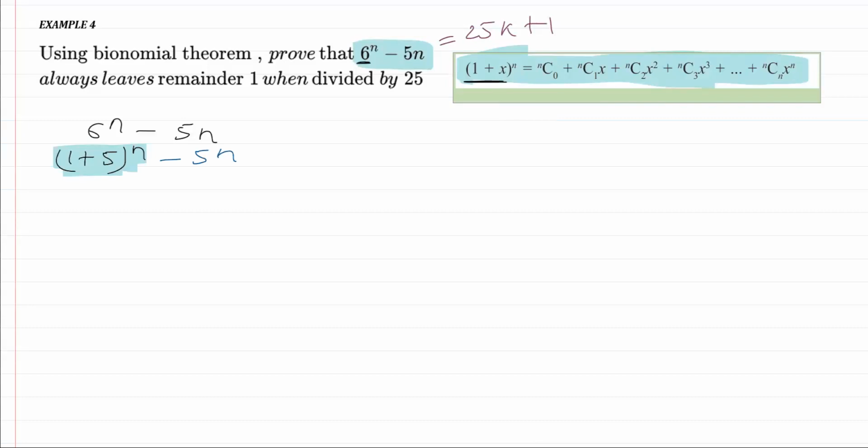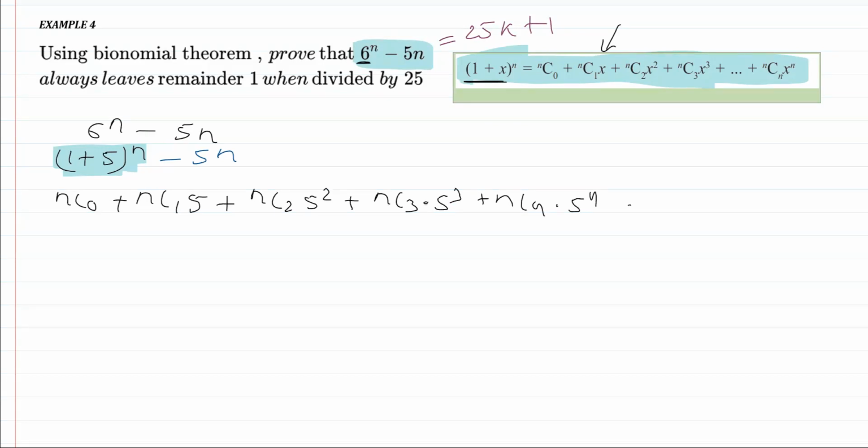On applying, we'll get nC0 plus nC1 into 5, plus nC2 5 raised to the power 2, plus nC3 5 raised to the power 3, plus nC4 5 raised to the power 4, and so on.